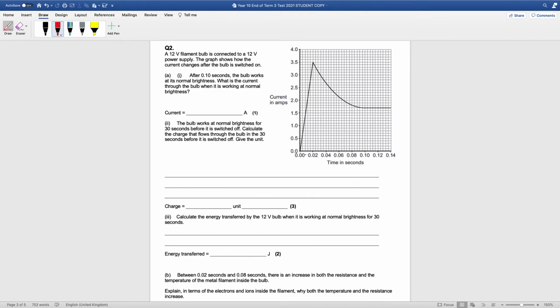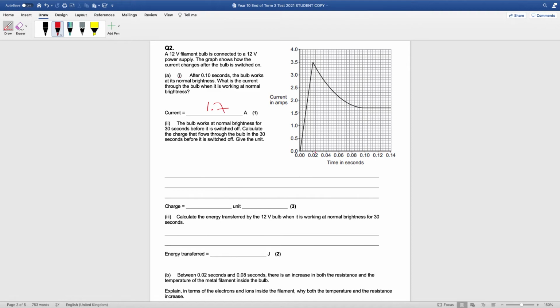So we come up from 0.1 and it is 1.7. So that's just straight reading it off the graph, but taking careful note of the scale. 5 small squares to 0.02, so 2.5 small squares to 0.01.